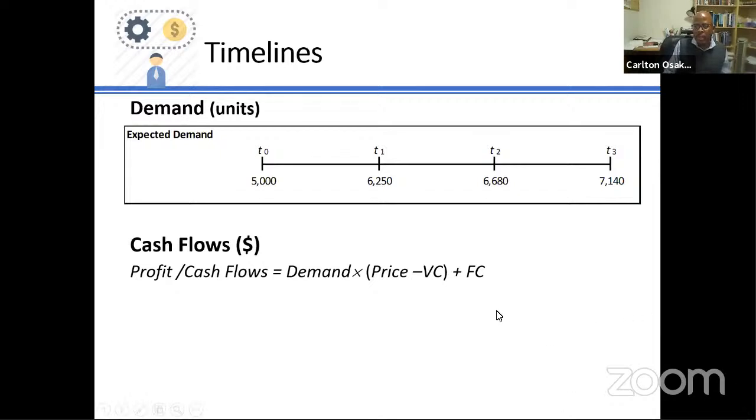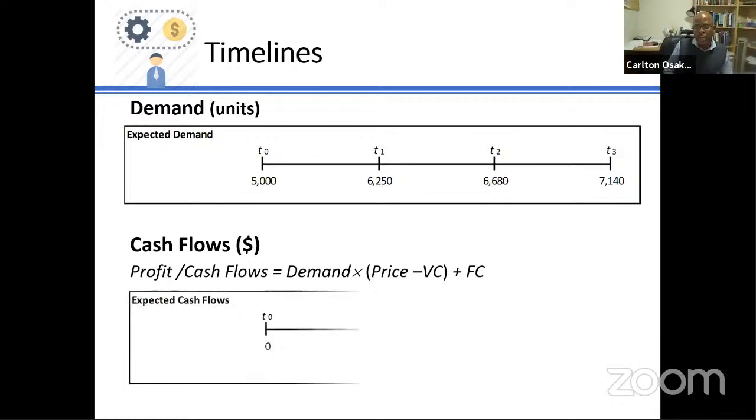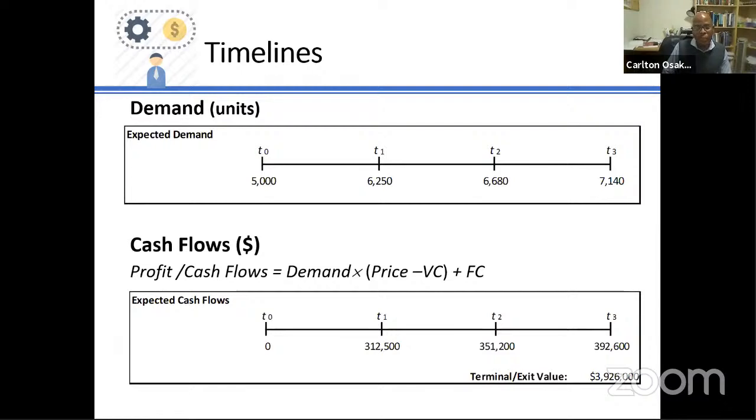Actually, this should be minus the fixed cost, I think. So that should be minus the fixed cost. But if you calculate that using those numbers, then you end up with expected cash flows each year in dollars of $312,500 for the first year, $351,200 for the second year, and $392,600 for the third year.